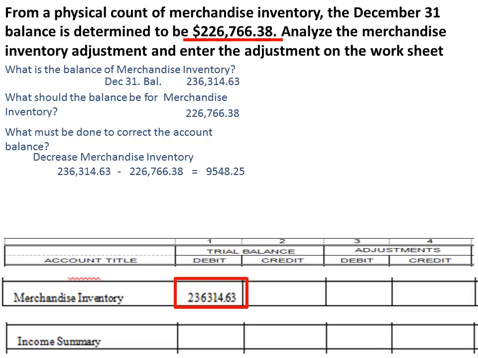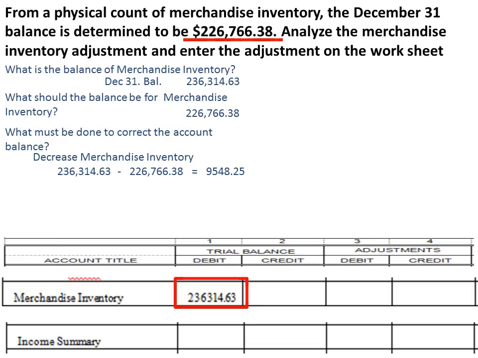And that's a good thing, because ultimately we've sold, and it could potentially pertain to more cash. So we take the beginning amount and subtract the ending amount, the 236 minus the 226, and we find that basically we used or sold $9,548.25 of merchandise inventory.